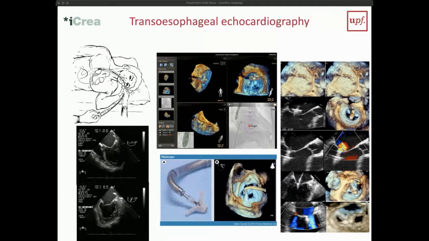I've been saying that ultrasound is the workhorse of cardiac imaging, and so really 90%, if not more, of cardiac imaging that is being done is actually based on ultrasound. All the rest is much, much smaller.